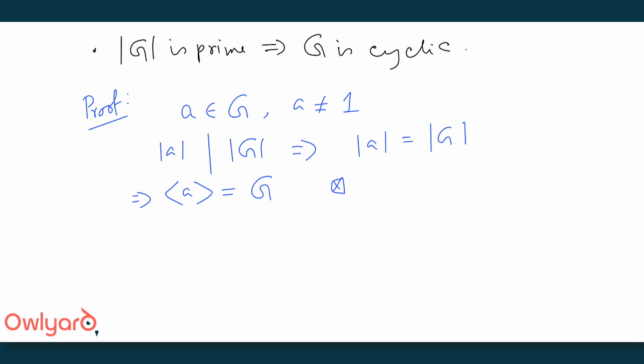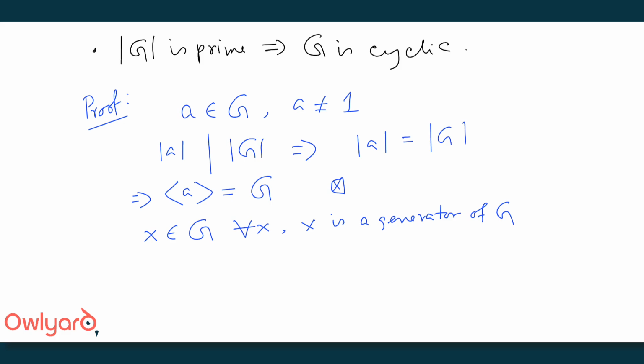So the proof completes here, but it actually tells you something more than that. It also says that any arbitrary x that belongs to G, for all x, x is a generator of G. So not only is it cyclic, any element is a generator of the group itself.